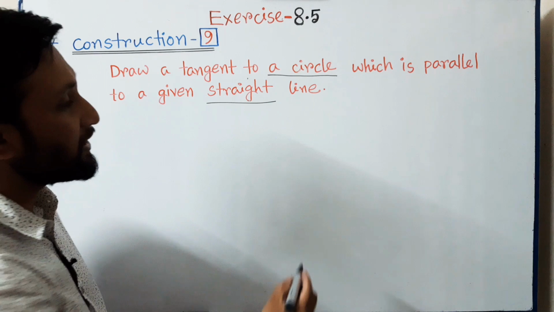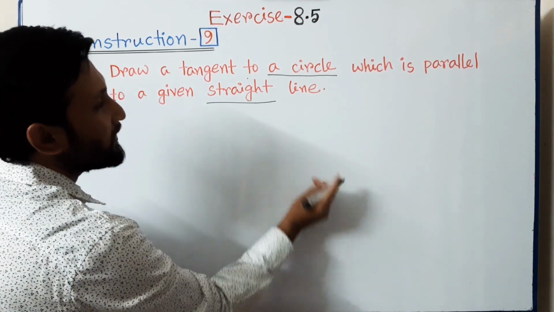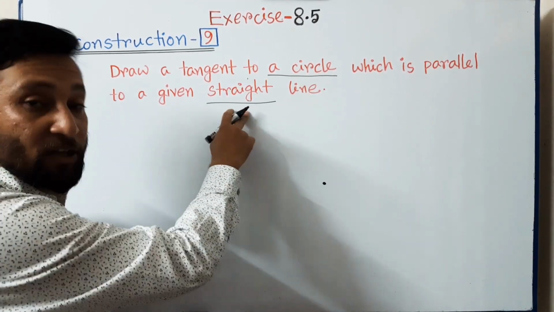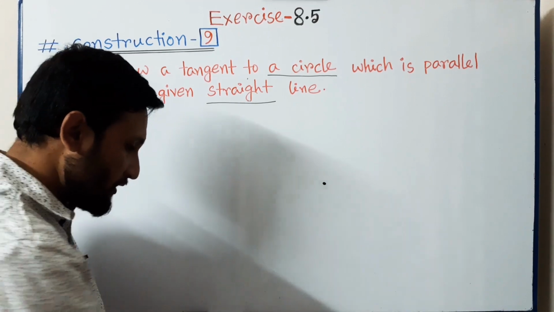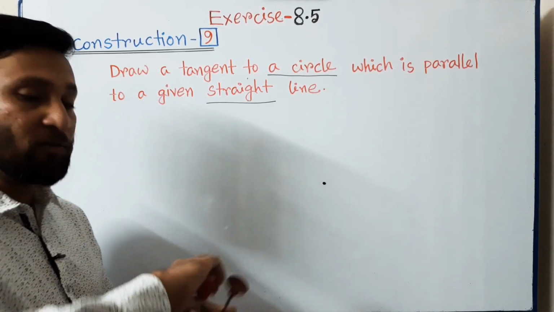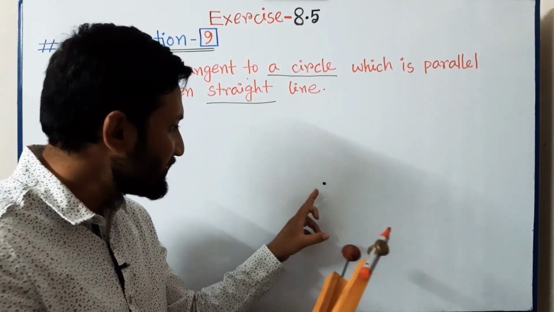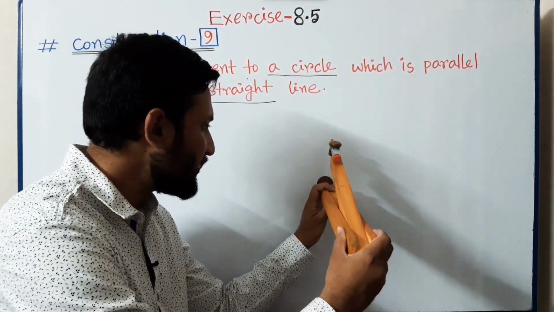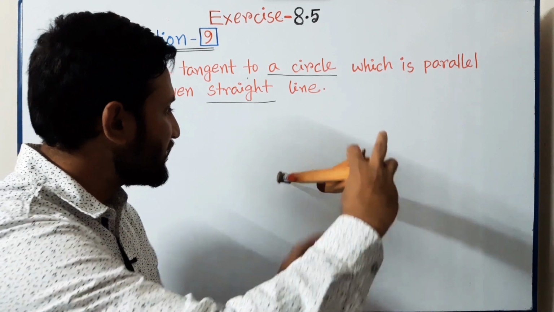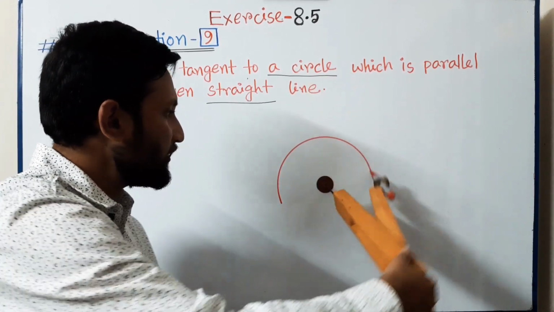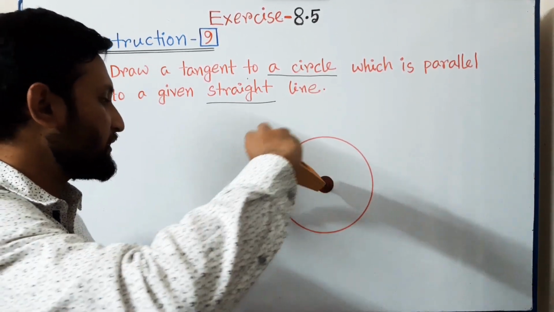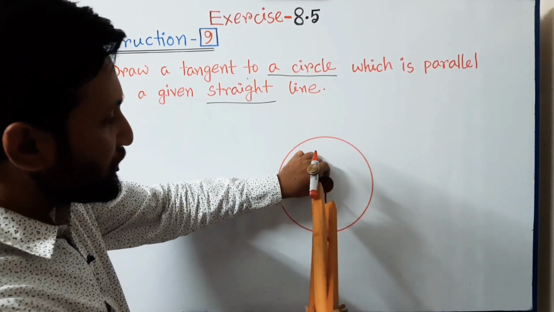So according to the question, at first draw a circle and a given straight line. At first draw a circle with any radius. Suppose this is the center and draw a circle with any radius, as like that.